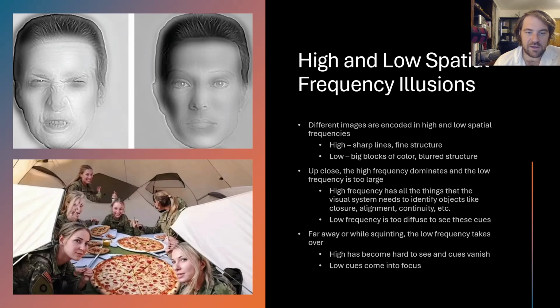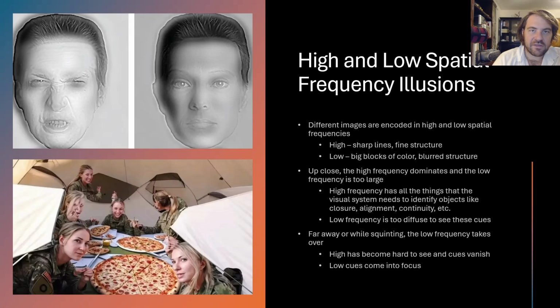So what's going on is there's different levels of information encoded into these different frequencies. The high frequency is like sharp lines and fine structures. If you look at the angry guy on the left, when you're up close, you can see the wrinkles, the really obvious distinctions in the teeth, all that.